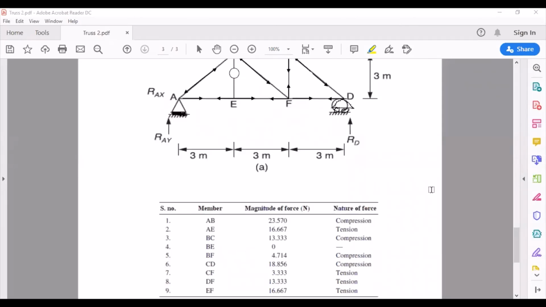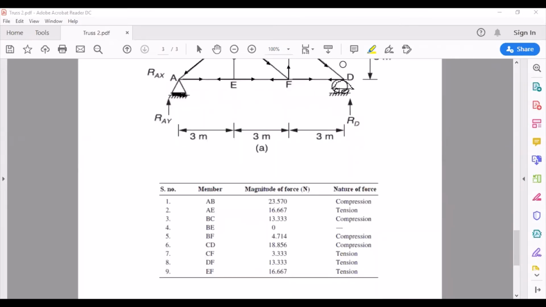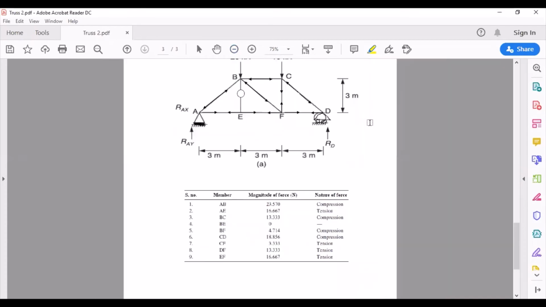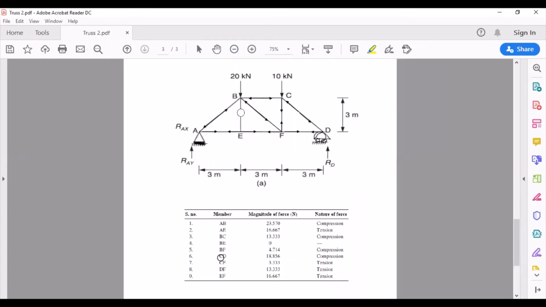Similarly, next is CD: C and D are towards the joint, compression, 18.86. Next, CF is moving away, so tension, 3.33. DF, D to F, is moving away, so tension.